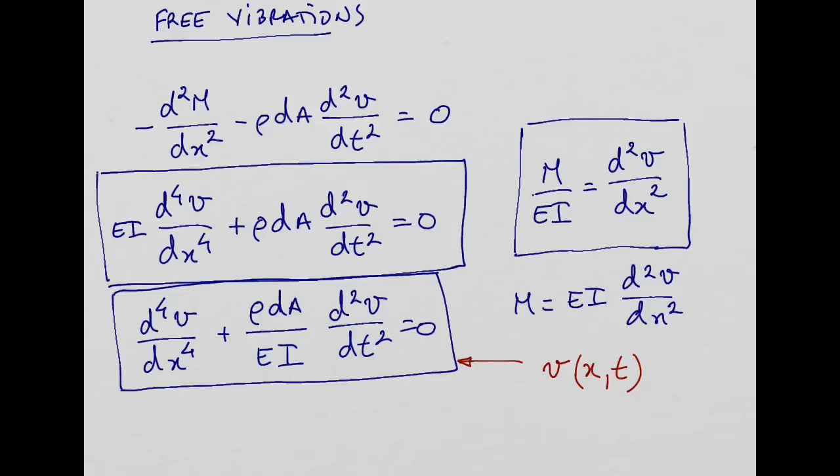This is a dynamic problem. And the way this deflection is changing is governed by this differential equation here. So we just need now to solve this differential equation. And that's what I'm going to try to do.